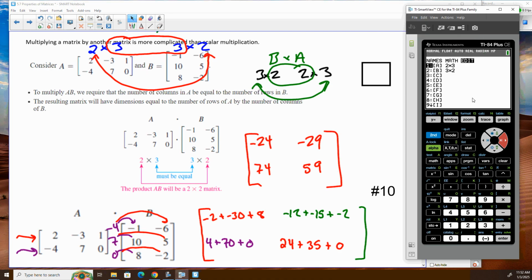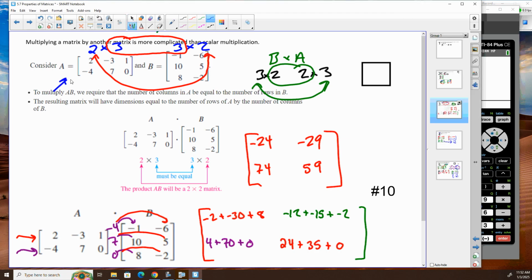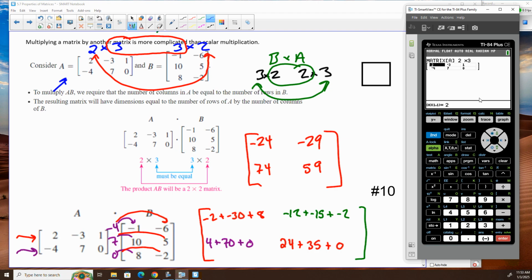I had a 2 by 3 matrix, so I went to edit and I typed in 2 by 3 and then hit enter, and then I just typed in the matrix A that we had over here. Once I had that matrix typed in, I got out of my matrix, and then I went second matrix again, and then over to edit, and then I did number 2.